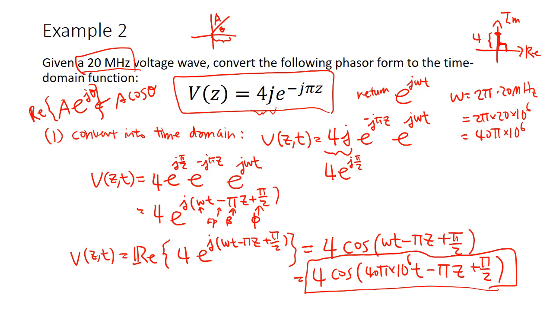So with these examples, hopefully you have a better idea about what it means to talk about the situation in terms of a phasor, which is simply saying that if we're only focused on a single frequency, we can just remove the e to the j omega t term, leaving us with something that is just a function of z that we can then write in the form of a magnitude and an exponent.